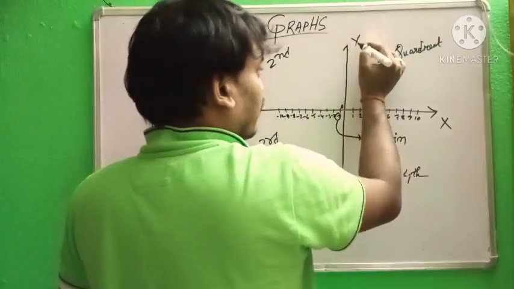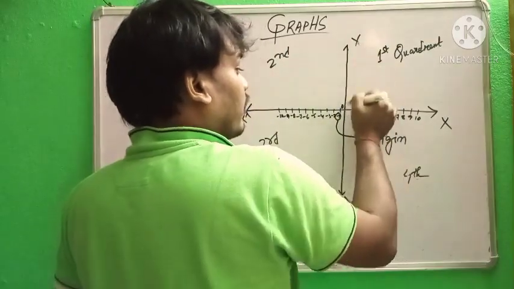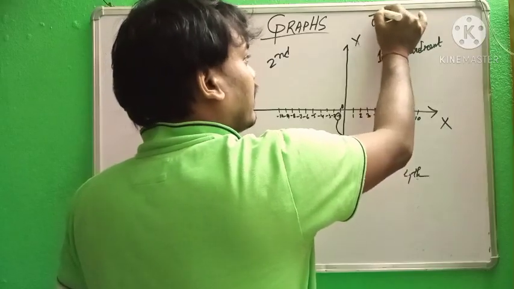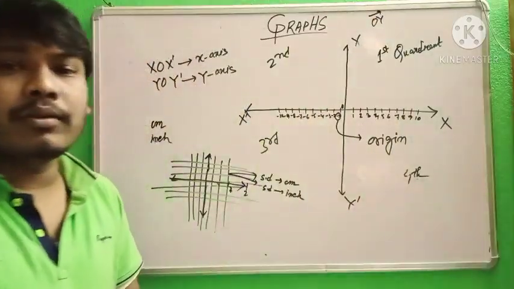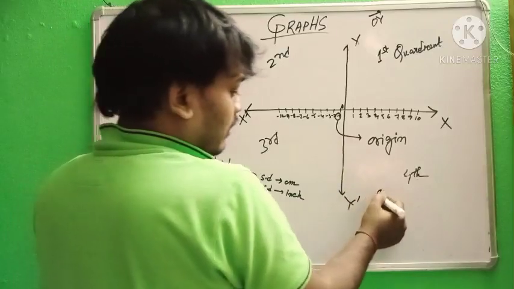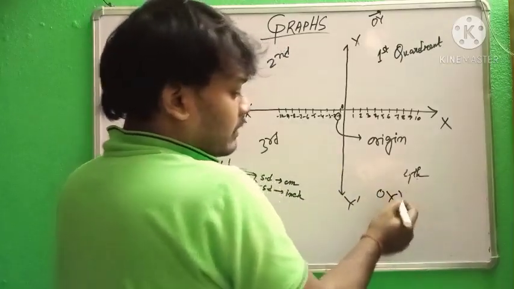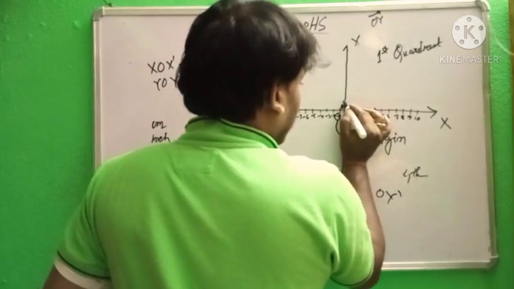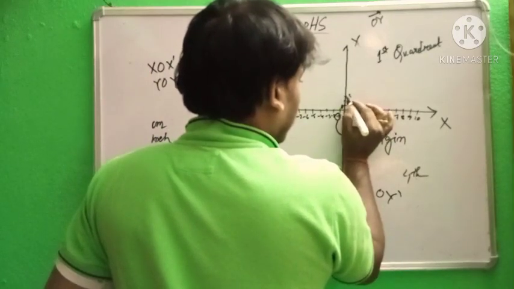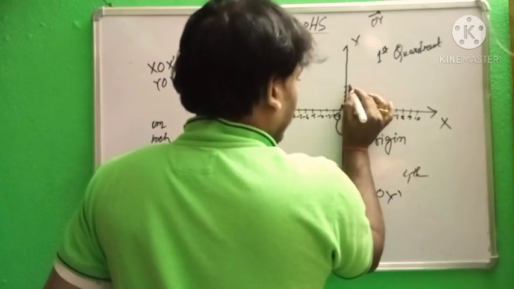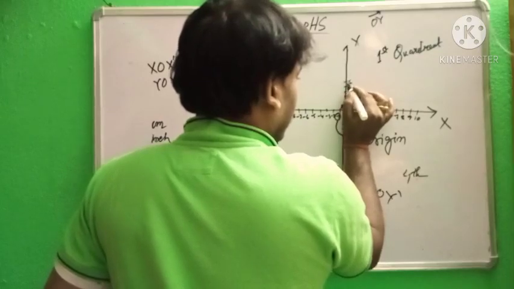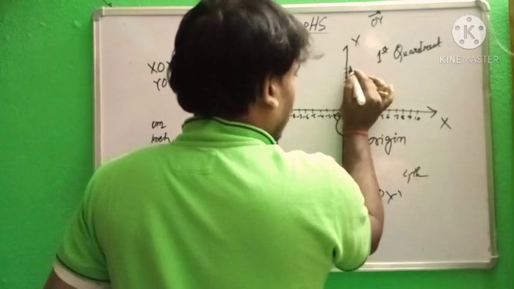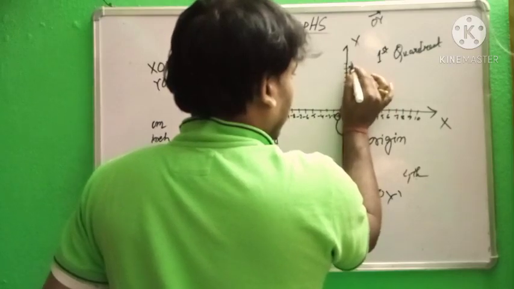Similarly, in the OX direction and OY direction we give the positive values, and in the OY dash direction we give the negative values. So similarly 1, 2, 3, 4, 5, 6, 7, 8, 9, 10.